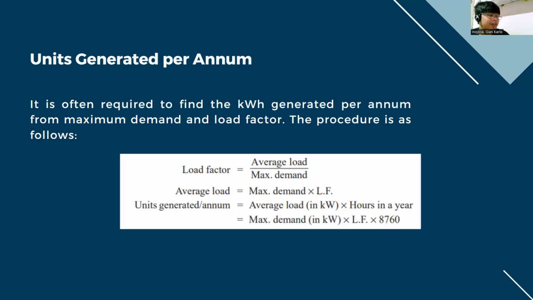So for our units generated per annum, the formula will be average load in kilowatts times yung hours natin in a year, which is 8,760. And also, units generated per annum is equals to max demand in kilowatts times the load factor times yung hours natin in a year.